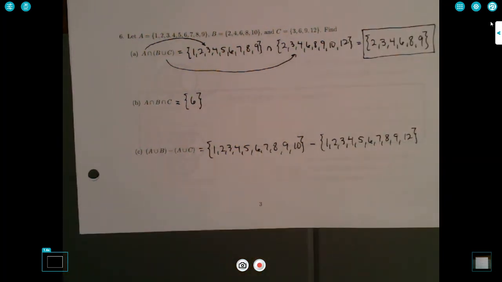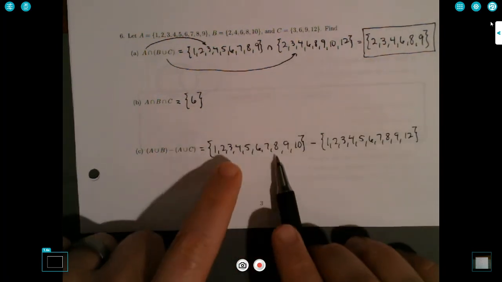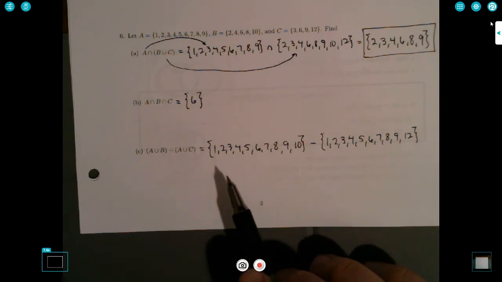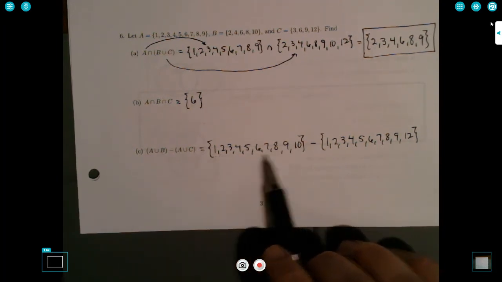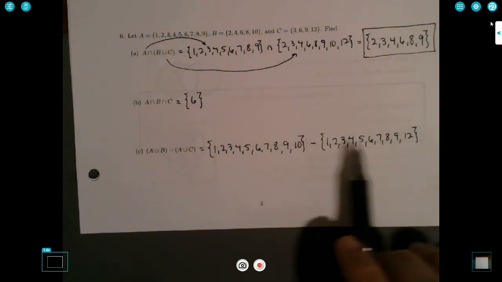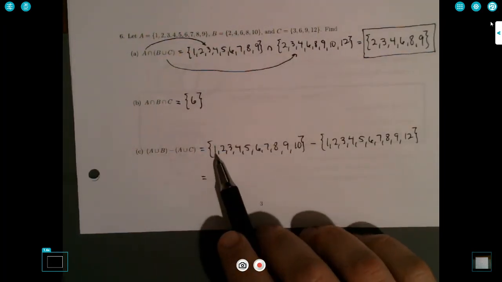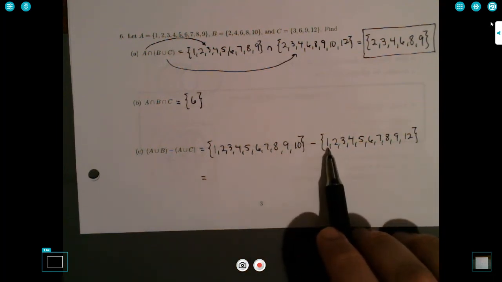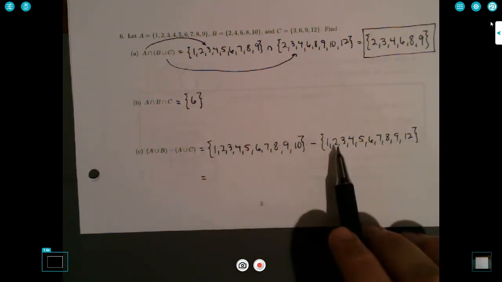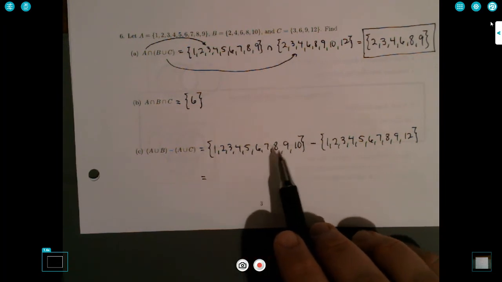Okay, that's interesting. So now the set difference. The difference of this set and this set is everything in this set that's not also in this set. So if there's anything here, we have to kick it out from the set difference. For example, 1 is in this set, but it's also in this set, so we kick it out. 2 is in this set, but it's also in this set, so we kick it out. Same thing with 3, 4, 5, 6, 7, 8, 9.